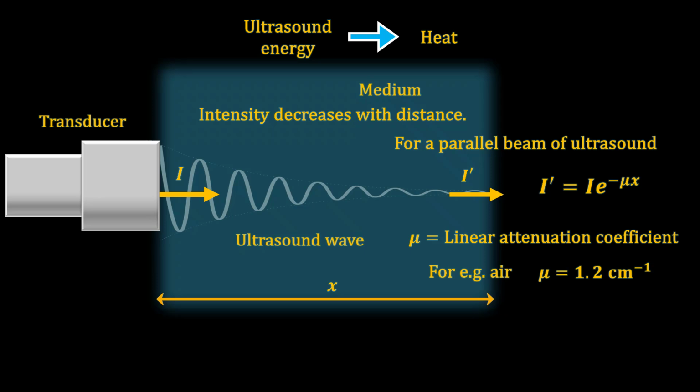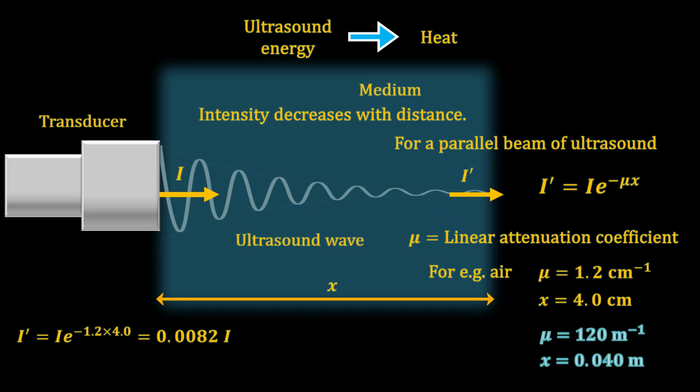For example, if the medium is air, then mu is equal to 1.2 per centimeter, and if x is equal to 4.0 centimeters, then we have I dash equals I e to the power of minus 1.2 times 4.0, giving us 0.0082 I. Something very important to mention here is that if mu is given in units of per centimeter, then x has to be in units of centimeters.